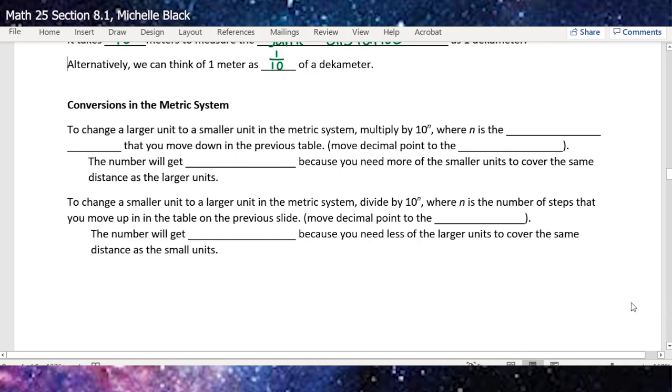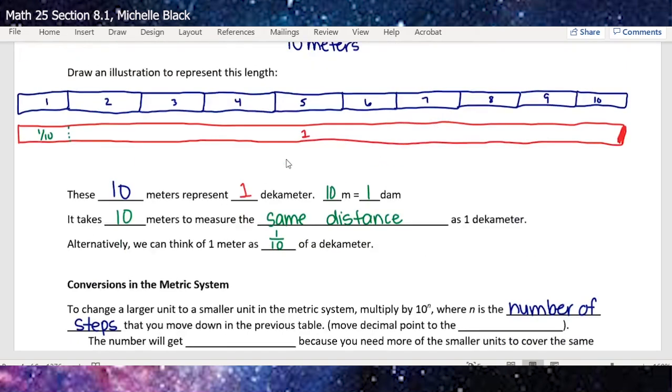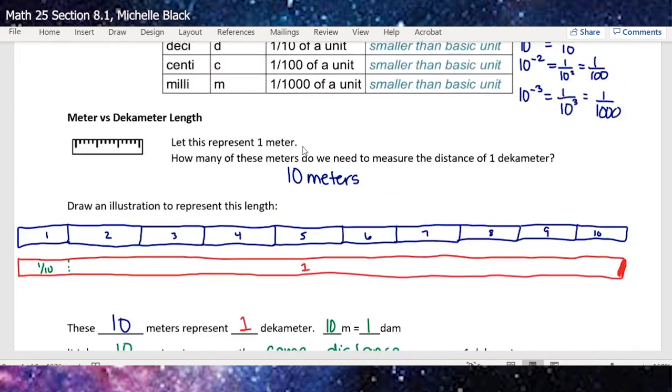Conversions in the metric system. To change a larger unit to a smaller unit in the metric system, multiply by 10 to the power n, where n is the number of steps that you moved down in the previous table, so the table that we had earlier, right here.